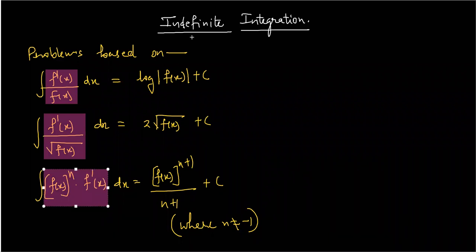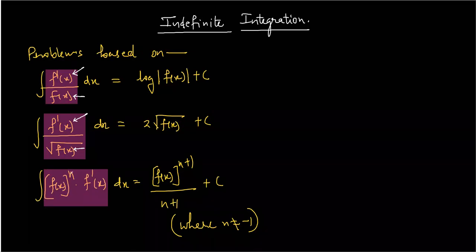In the first one, what you noticed? You noticed that the numerator is the derivative of the denominator. So you will write the integration as log of denominator. In the second, in the denominator you have the square root of a function, and the numerator happens to be its derivative. So the answer is 2 root f of x.